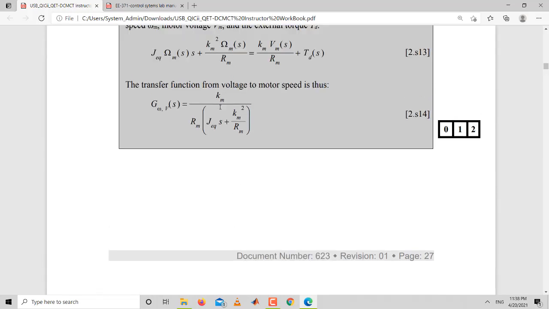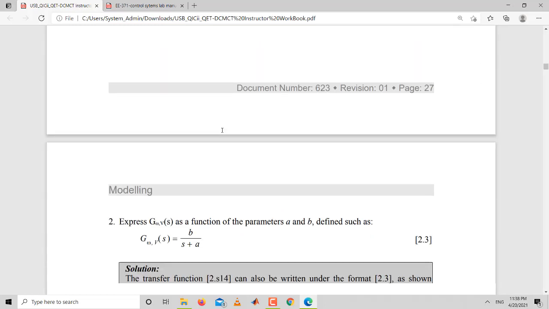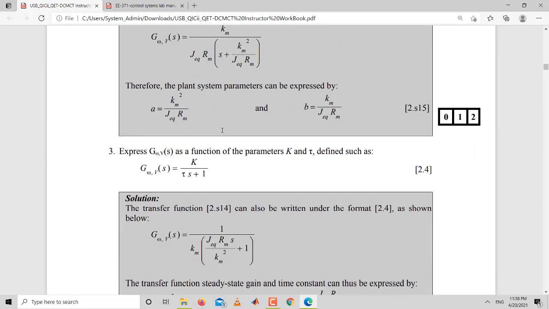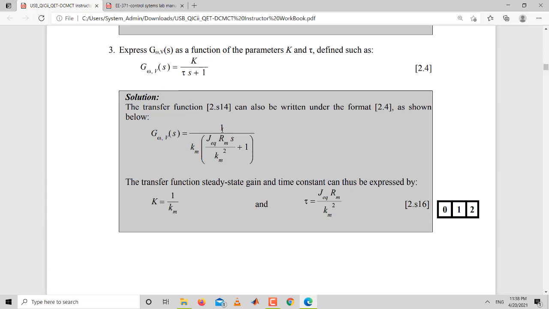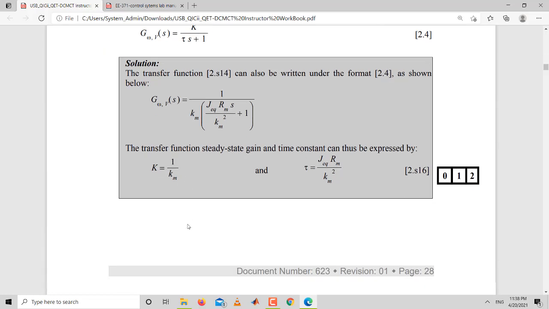So whatever is being multiplied with s would be equal to tau, and you can take all the terms outside the bracket into the numerator. So capital K becomes 1 by Km, and tau becomes J equivalent into R over K square. Again, we can compute these values from the parameters in the data sheet.